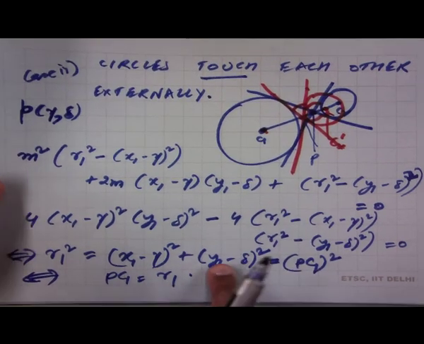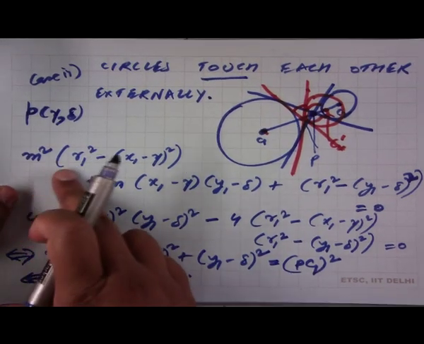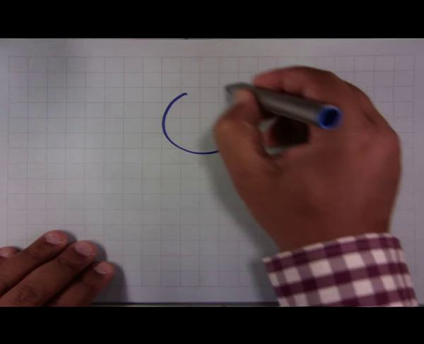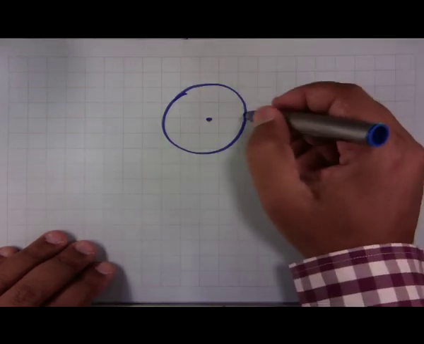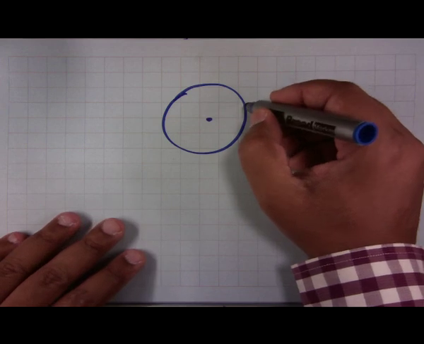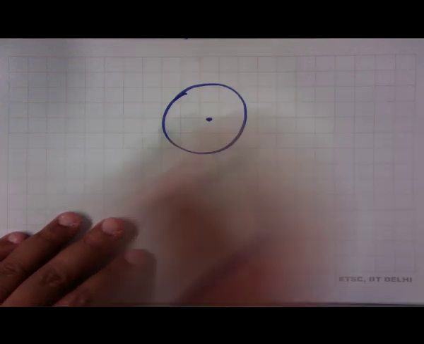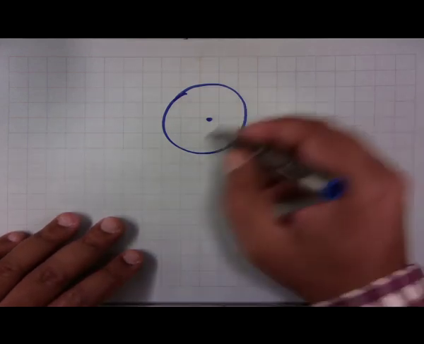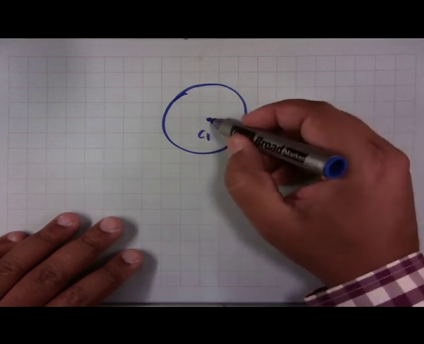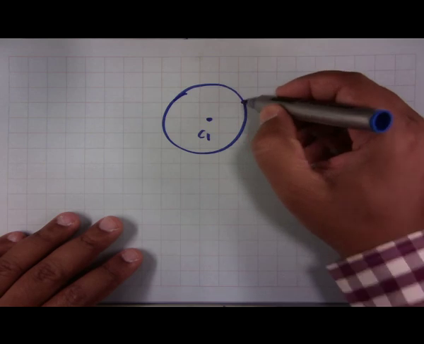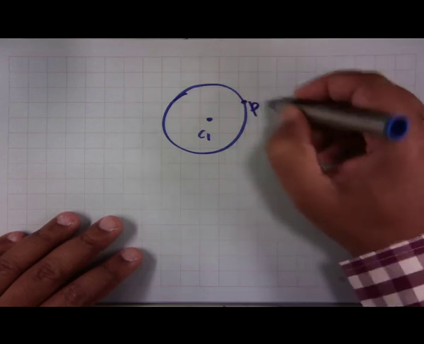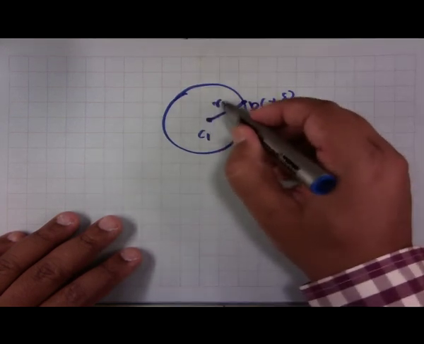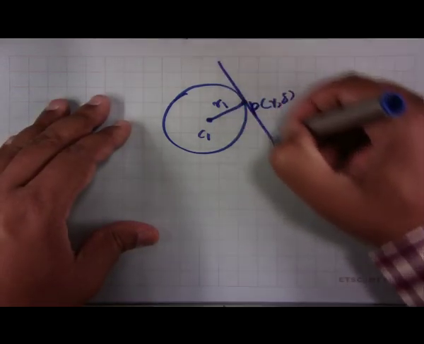So essentially what we have shown is that we will have only one transverse common tangent only in the case where the point of intersection of that particular common tangent with the straight line joining the centers of the two circles, that point of intersection P, is lying exactly on the circumference of the circle. So, PC1 is equal to R1.